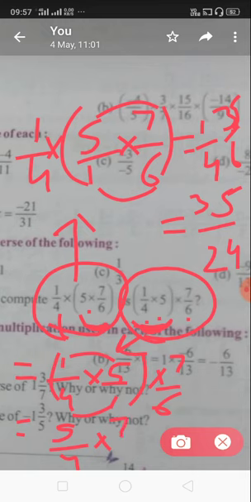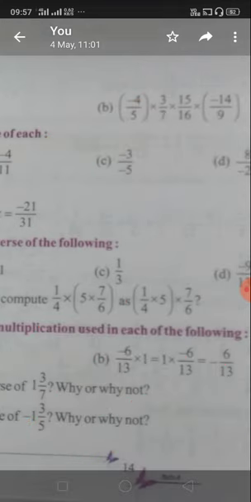Multiply 7 upon 6, again you multiply it. What you will get? 7 fives are 35 upon 4 sixes are 24. So 35 upon 24. In the second case you will get again the same, it is verified.